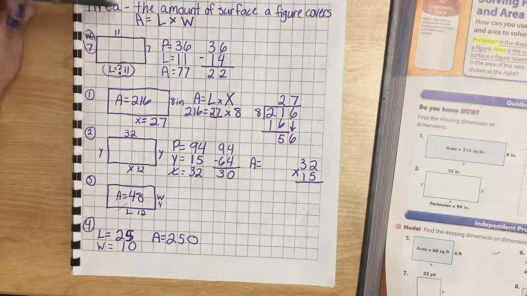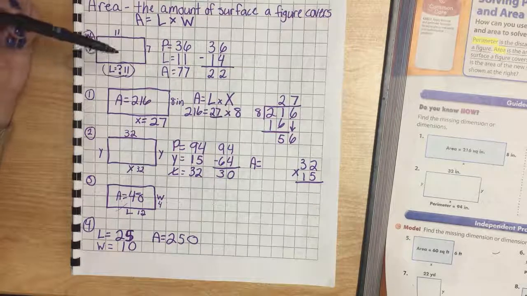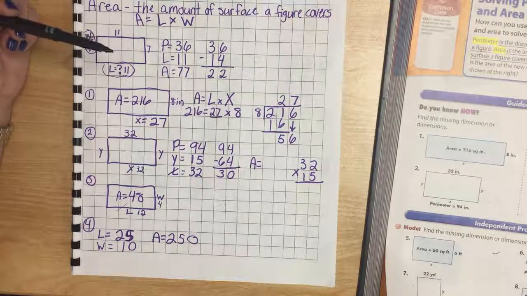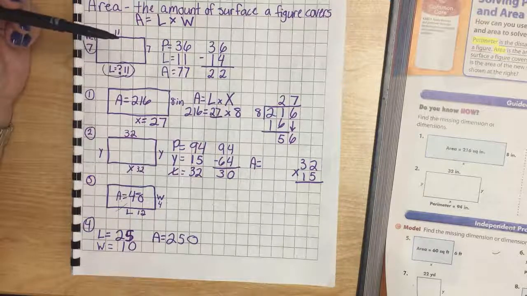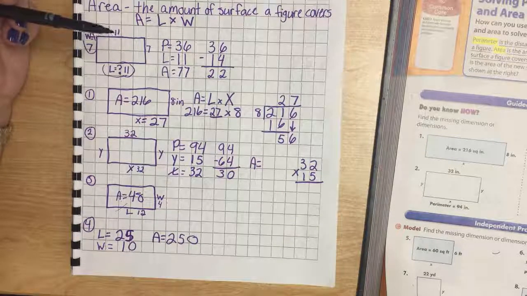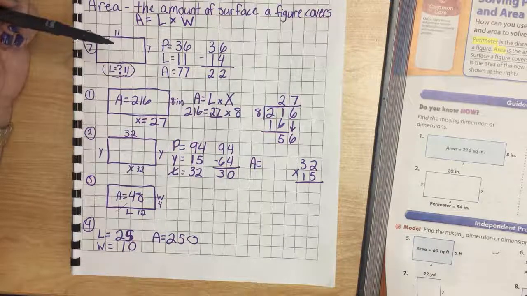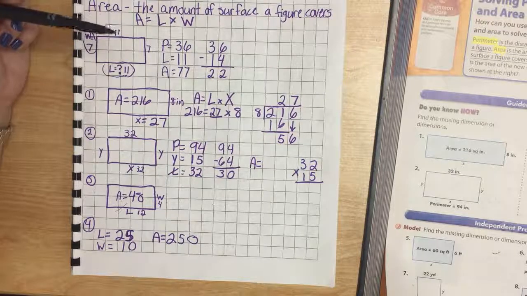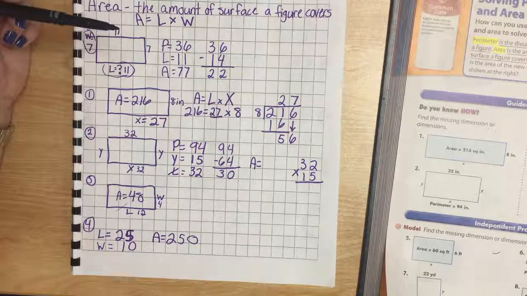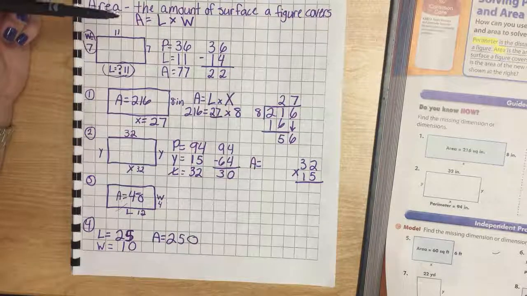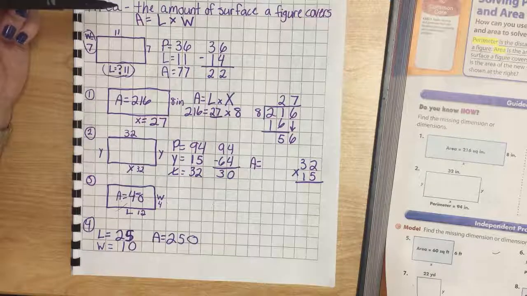So when it's asking, do all the possible dimensions make sense? You're talking about a rectangle, right? So that means one side is going to be quite longer than the other side. When I have something like 6 and 8, that's pretty close. People might squint their eyes and go, is that a square or is that a rectangle?